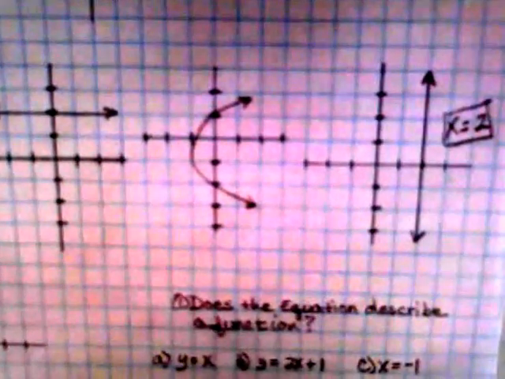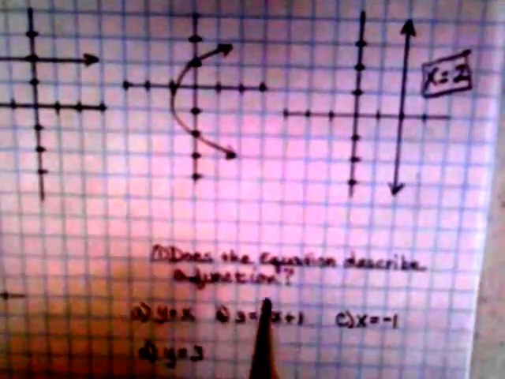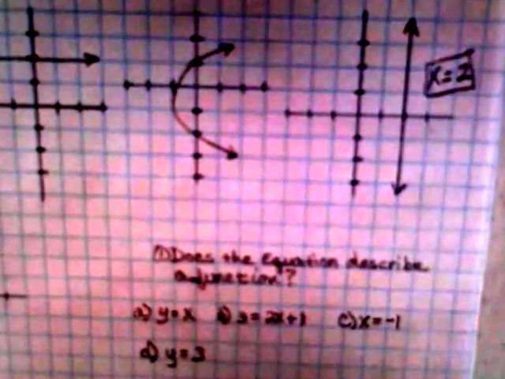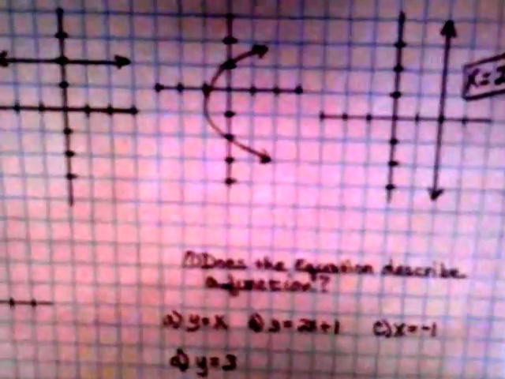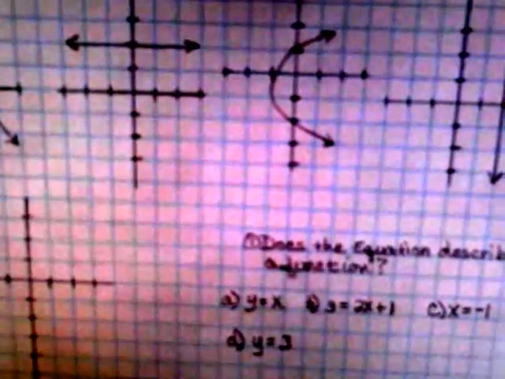Okay, so when we look at this question, does the equation describe a function? Well, the first one we come up with is y is equal to x. And we think, y is equal to x? That is weird. Well, all it's saying is if y is equal to x, then of course 2 is equal to 2, or 1 is equal to 1.